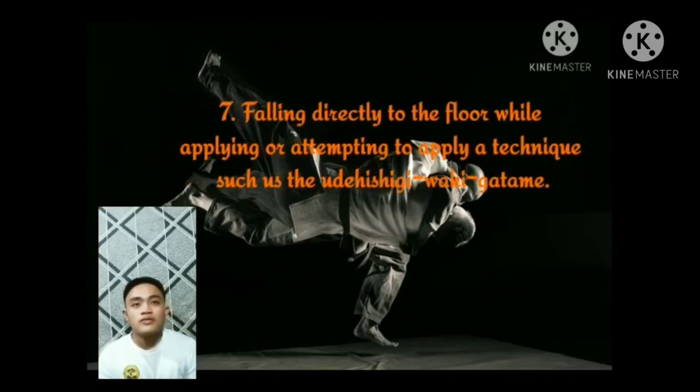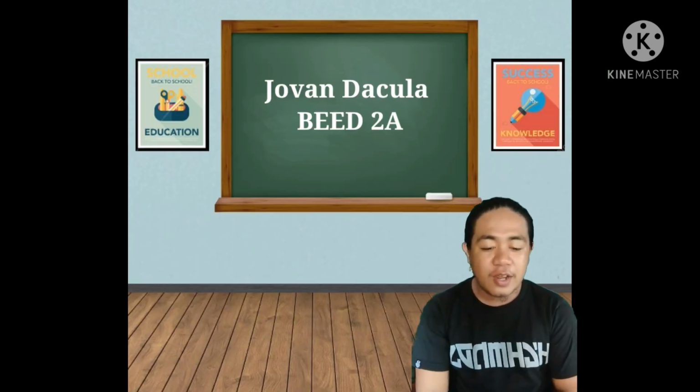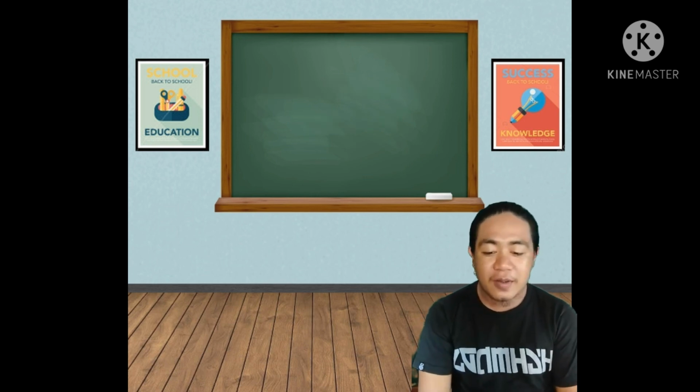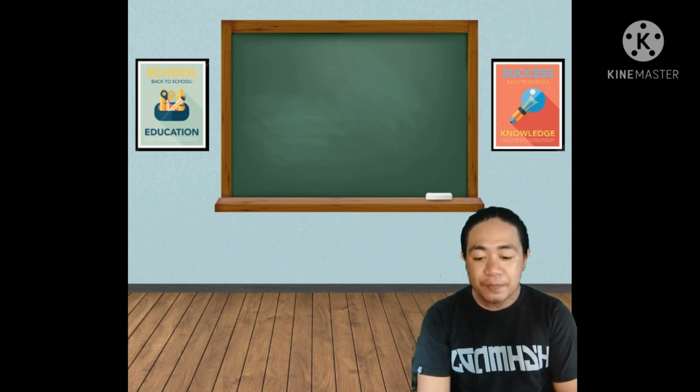Falling directly to the floor while applying or attempting to apply a technique such as the waki gatame. For the continuation of grave infringement or hansoku make, defeat by accumulated light penalties.